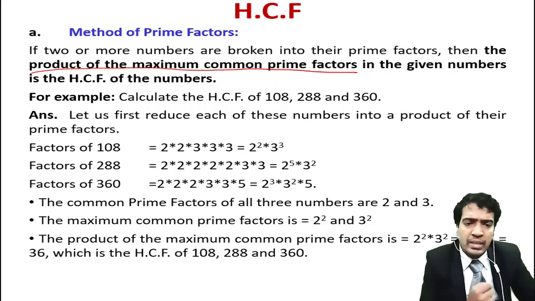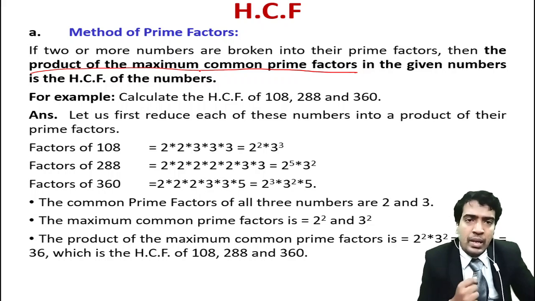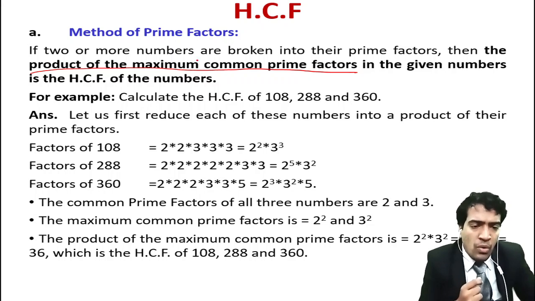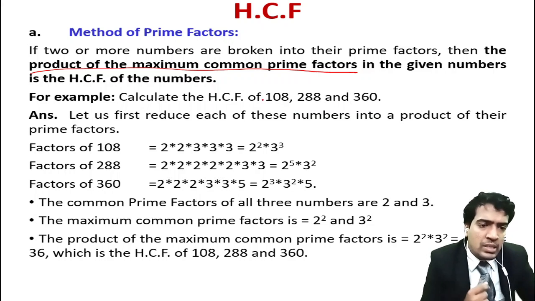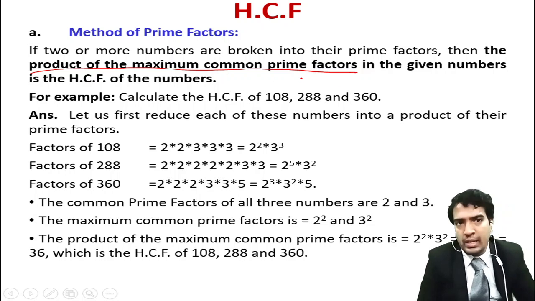Now let us take an example. Let us take the example of calculating the H.C.F of 108, 288 and 360. From this example, let us understand the meaning of product of maximum common prime factors.